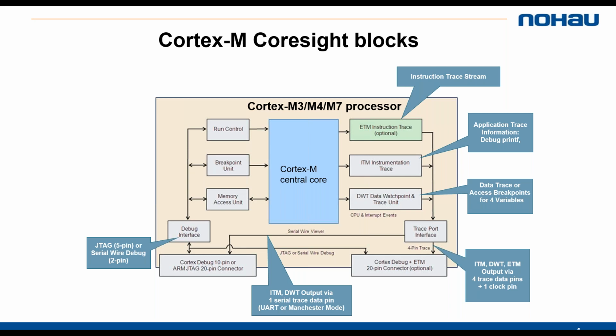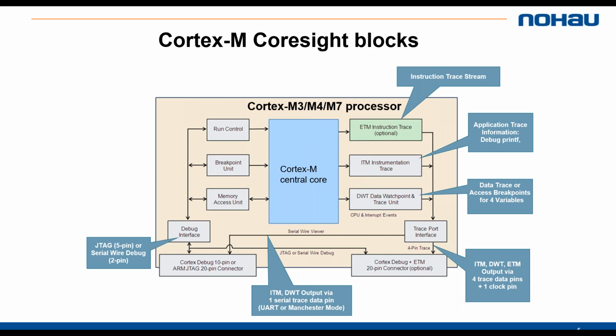Not all Cortex-M devices have an ETM, but quite many have. And there are other blocks in the CPU, for example, the ITM. ITM stands for Instrumentation Trace Macro Cell, and that is mostly used for getting your printf output over the trace port, more or less.